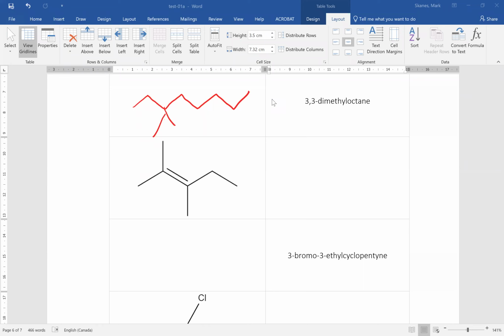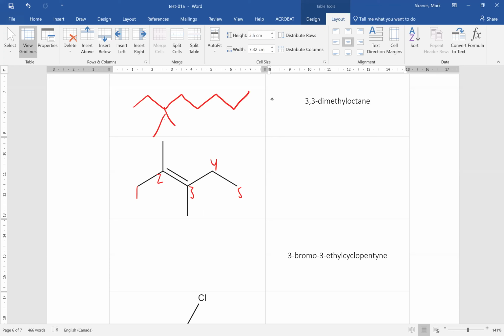Okay, let's look at this guy. This is a good one, little challenge. 1, 2, 3, 4, 5. So obviously this is pentane. There's a lot going on in this molecule. I don't think numbering it the other way would help me.